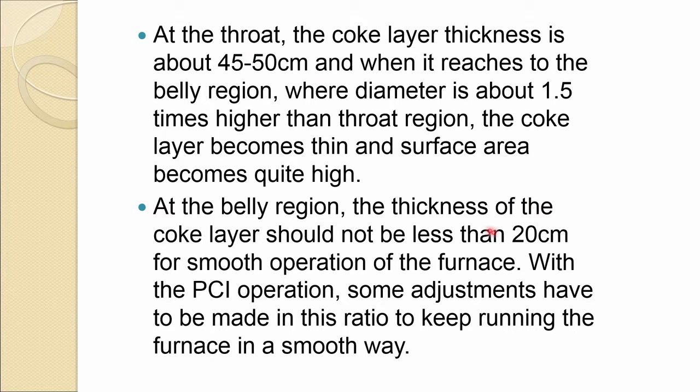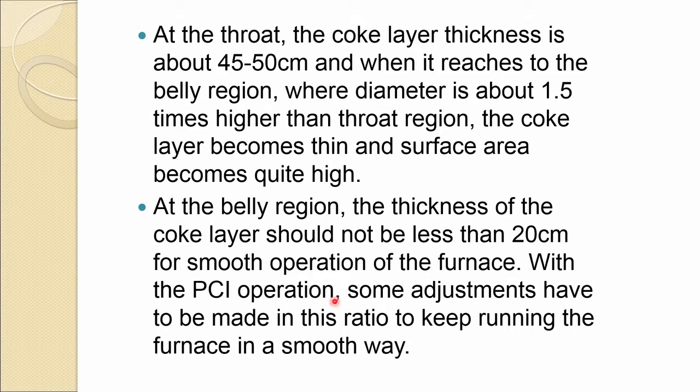So, you are talking about 3 to 4 layers of coke, which is quite thin in that way. So, one should keep at least about 20 centimeter for proper permeability and the smooth operation of the furnace.